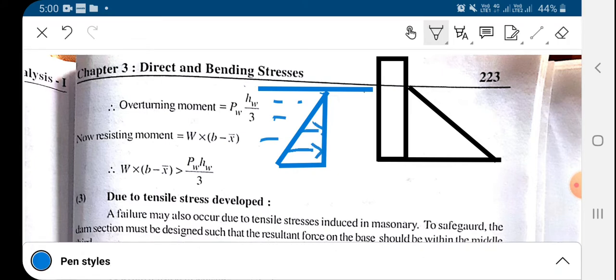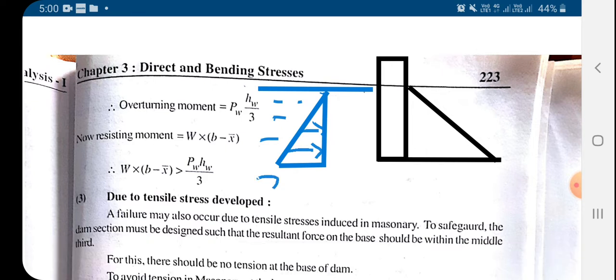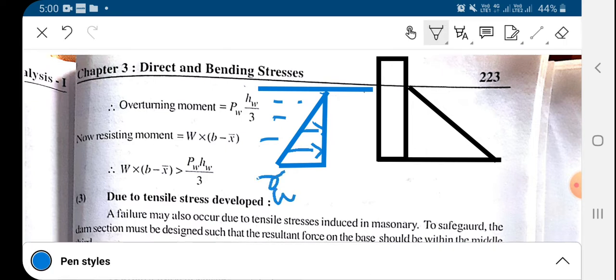So the intensity of this water pressure at the base is gamma W into HW, that is, this height is HW.